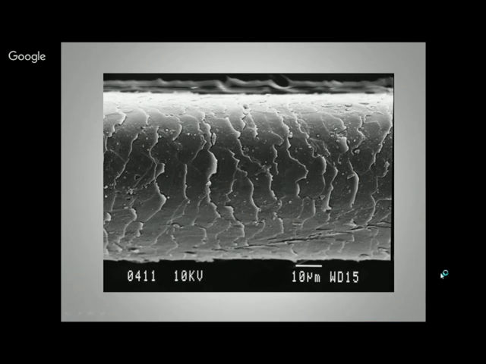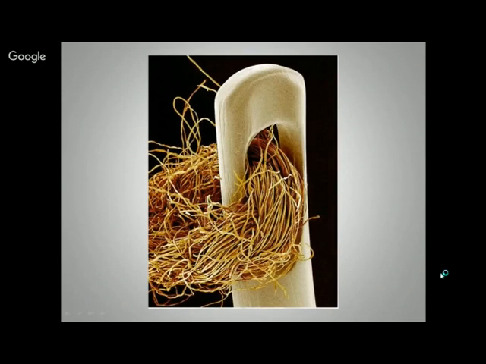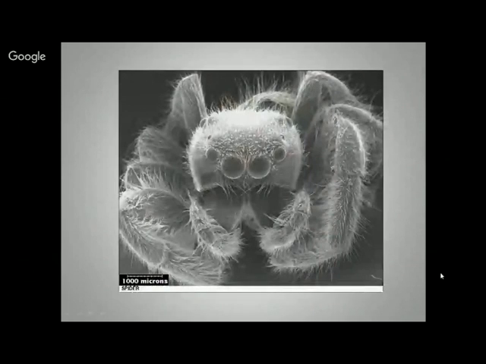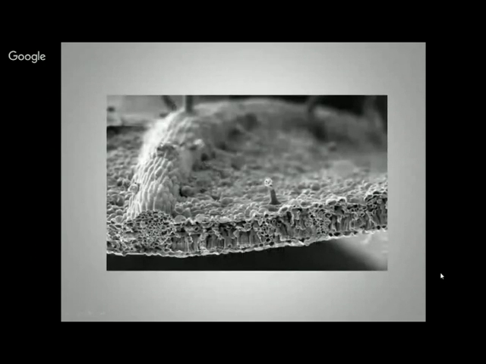Can you imagine what this is? This is a thread in a needle. This is a spider, and this is a cross-sectional view of a leaf.